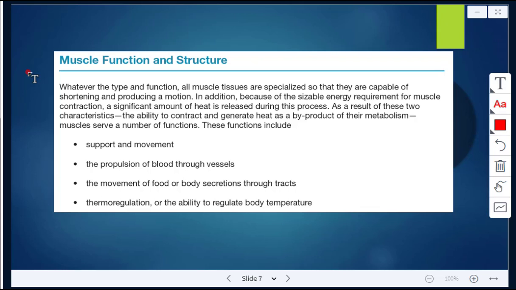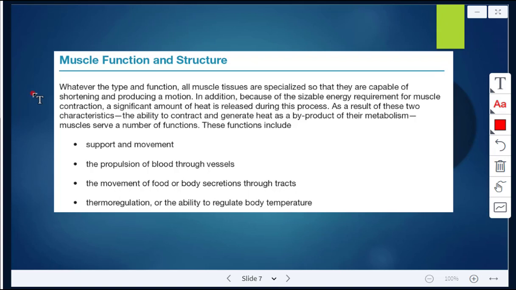All right, muscle function and structure. Whatever the type and function, all muscle tissues are specialized, so they are capable of shortening and producing motion. Because of the sizable energy required for muscle contraction, a significant amount of heat is released during the process.